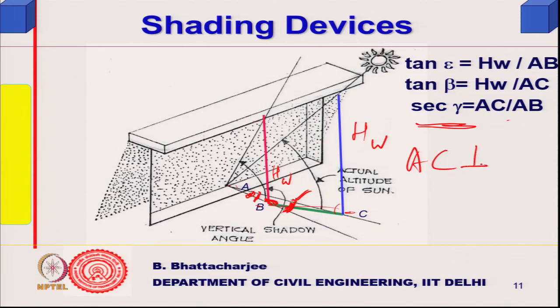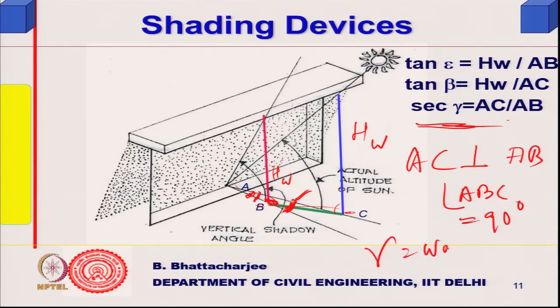AC is normal to line AB, angle ABC is 90 degrees. So, AB by AC is cos, AC by AB is sec, and gamma is the wall solar azimuth.